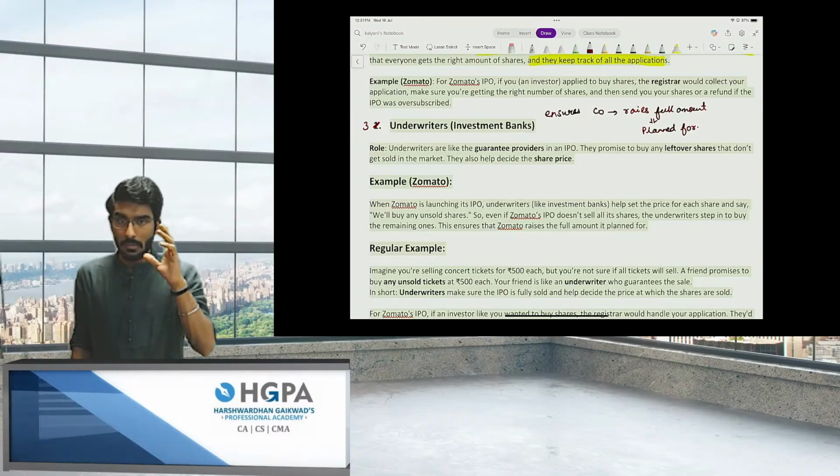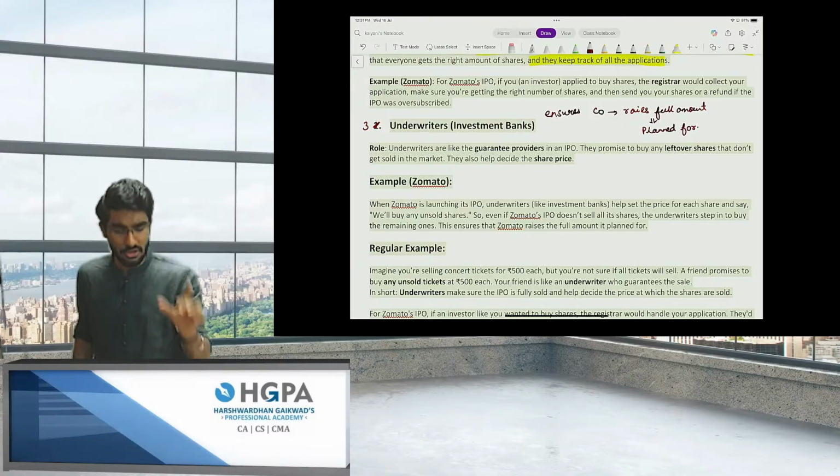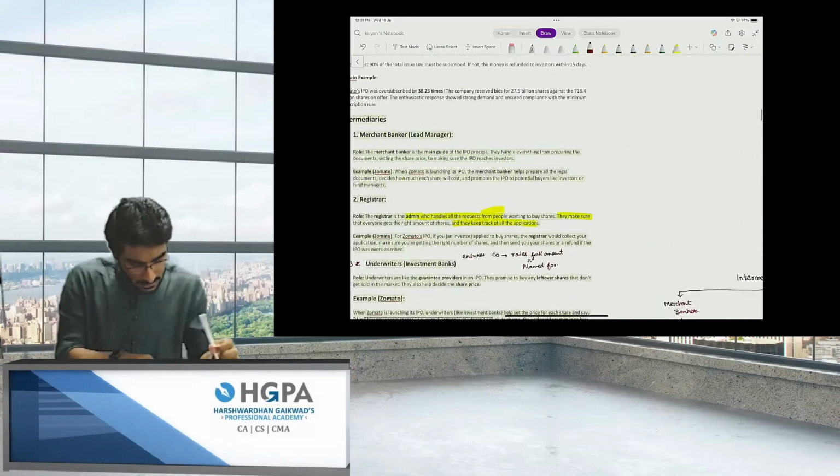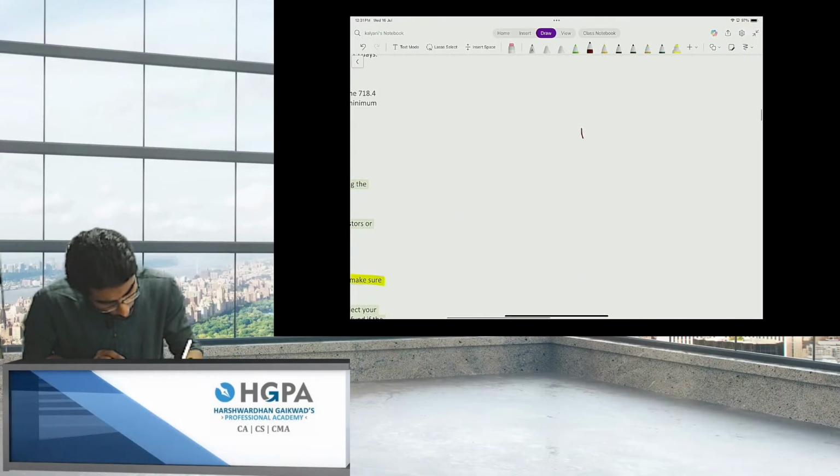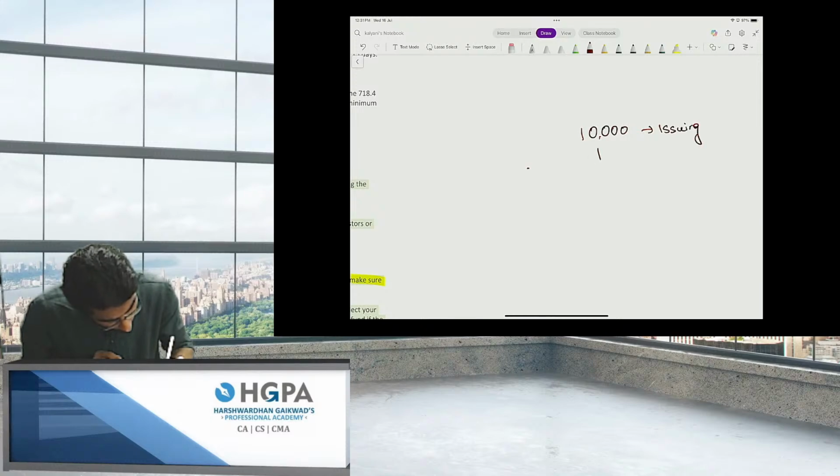Now, if the company is issuing 10,000 shares, among these 10,000 shares, 9,000 shares have been subscribed by the public.